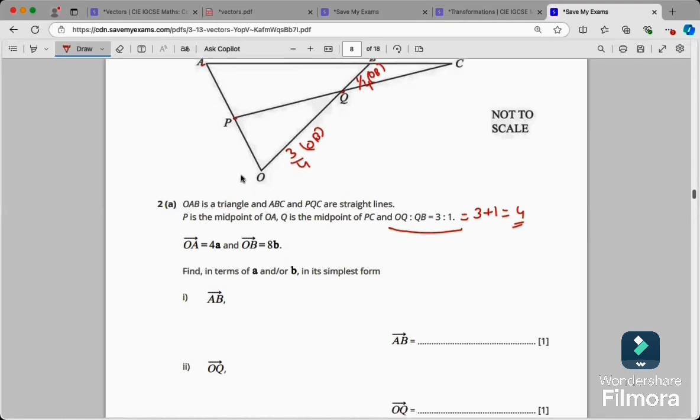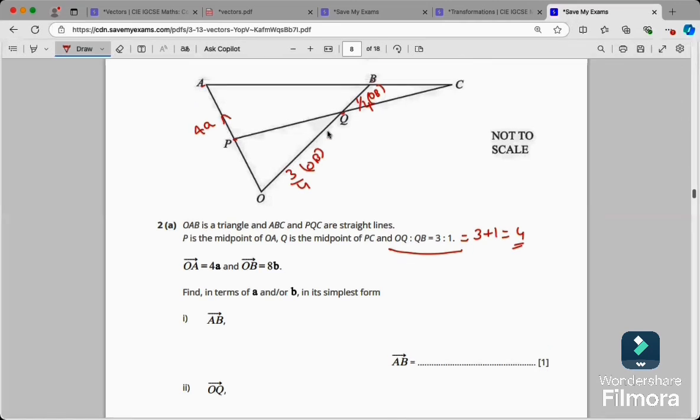OA is given to you as 4A and OB is 8B, so the whole line is going to be 8B. So we can replace this OB and write it as 8B. So 1 by 4 of 8B, and the whole OB is going to be 8B.